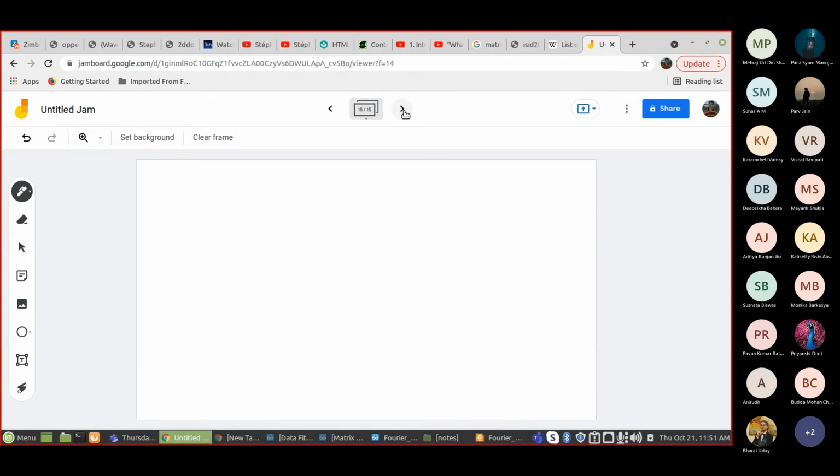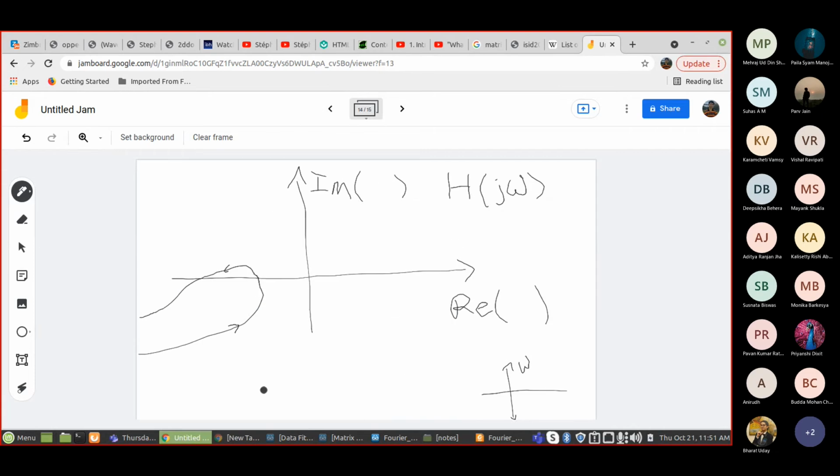There is also magnitude response and phase response. H(j omega) is a complex number, so instead of writing it this way every time, H(j omega) is the magnitude of H, in a polar representation, and an angle, some theta.